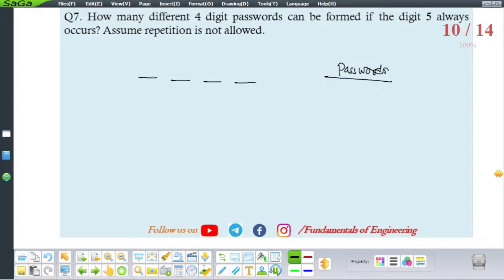So suppose we have four positions for the 4-digit password. If 5 occurs at the first position, that is one choice. Now for the other positions, repetition is not allowed. How many digits do we have? 0 to 9, so 10 possible choices.